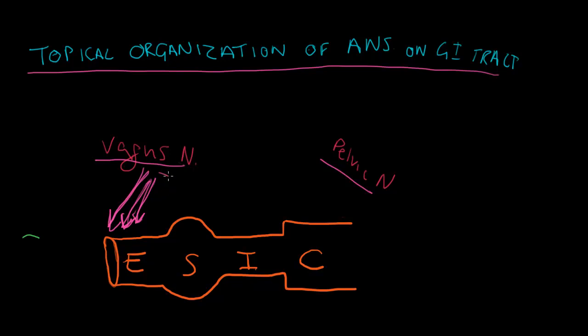And then it sends out a lower density towards the colon. So there is more vagal innervation in the esophagus and stomach, and maybe in the beginning of the intestine, and less so in the later intestine and the colon. The pelvic nerve does only the colon.